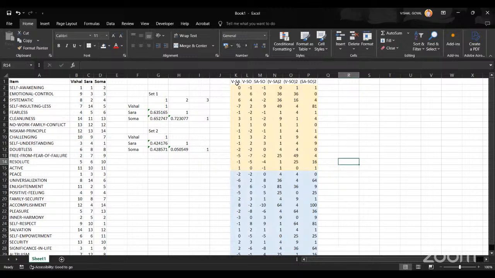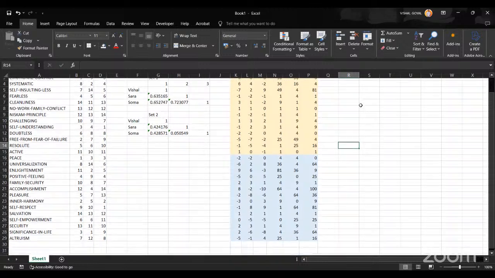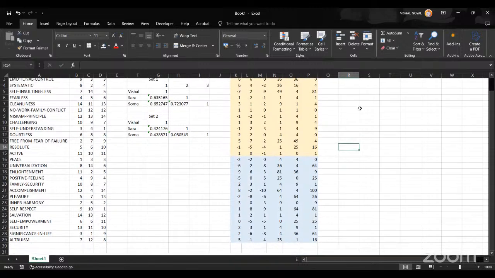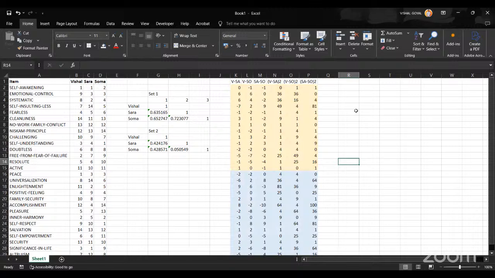Okay. Now you can find out how many zeros are there between the SA and SO. You go to the square value.